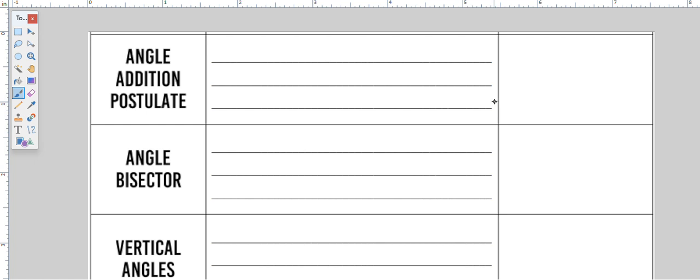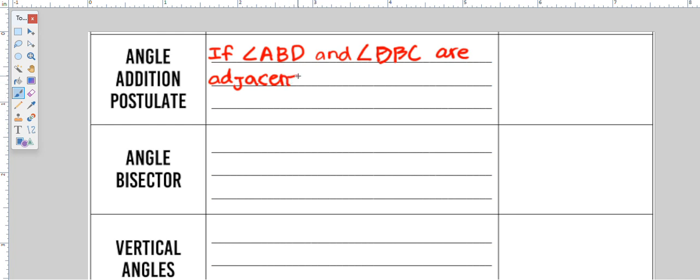This gives us a new postulate. It tells us if we have an angle, and we're going to call it angle ABD, and we have another angle, DBC, and if they are adjacent to each other, side by side, the biggest hint that they are side by side is in their name.